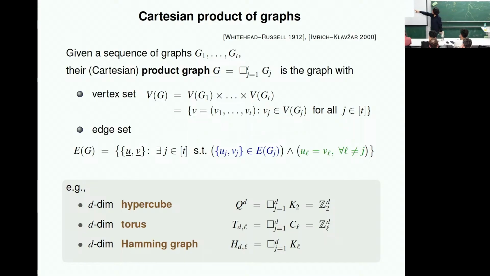So the hypercube is just the Cartesian product of K2. The d-dimensional torus is d copies of cycles of length L, just multiplied. And by definition, the Hamming graph is the Cartesian product of complete graphs.